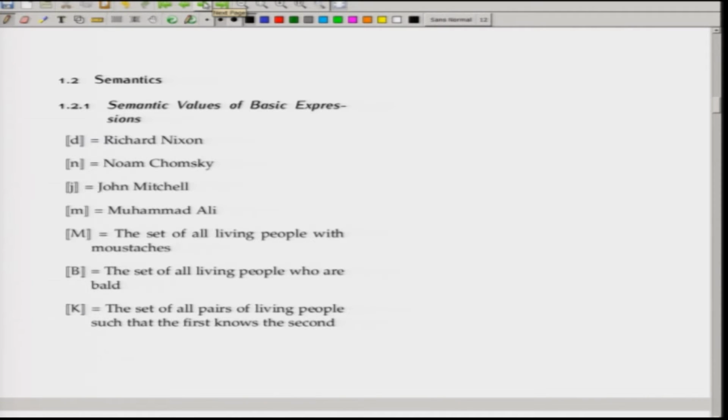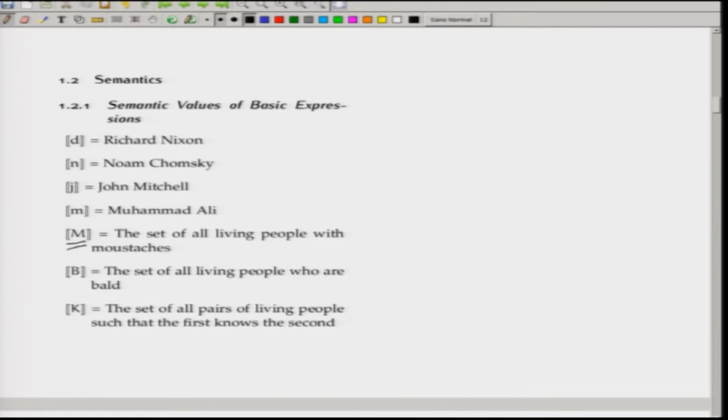And the denotation of M is a set. It is the set of all living people with mustache, and the denotation of B, which is another one-place predicate, is the set of all living people who are bald, and K, the set of all pairs of living people such that the first knows the second.